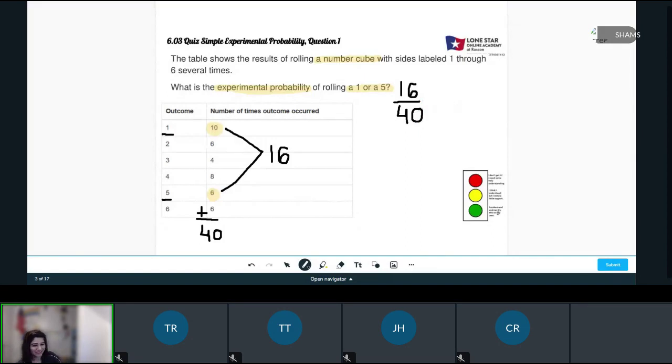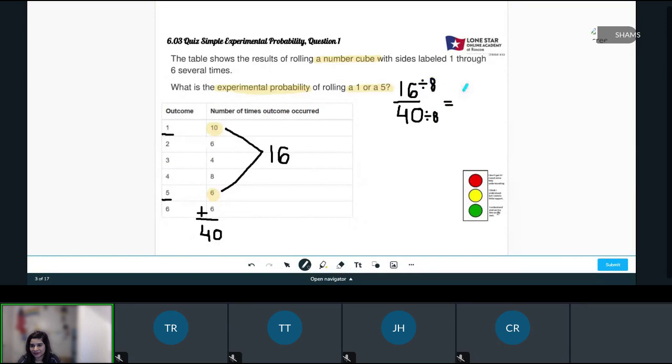Are there any questions? And I can simplify this. You simplify this by 8, I will get the answer in simplest form. Make sure you do simplify all your answers, otherwise I think the computer will not accept it.